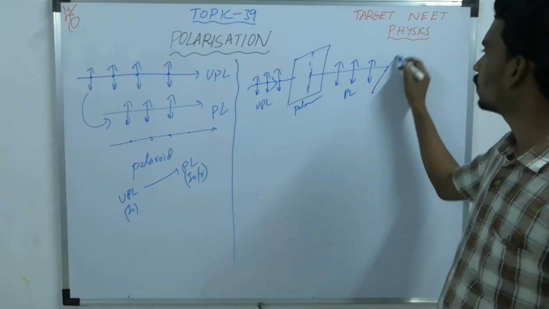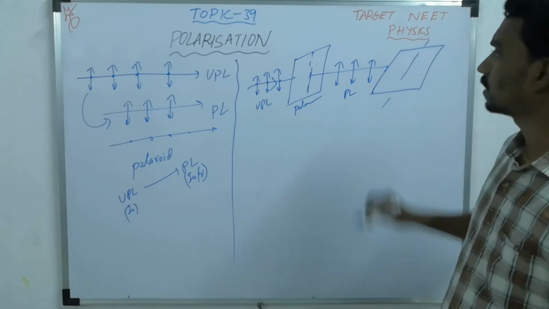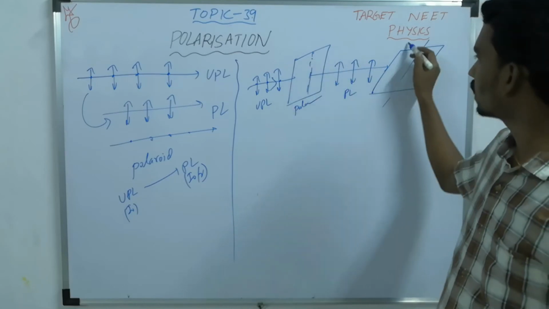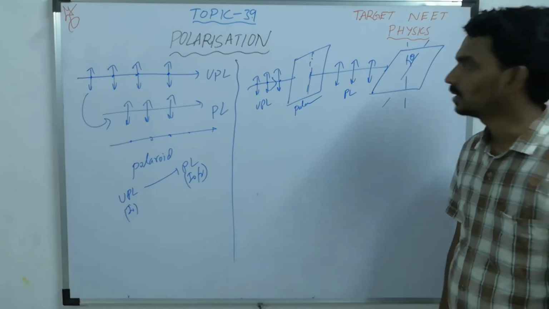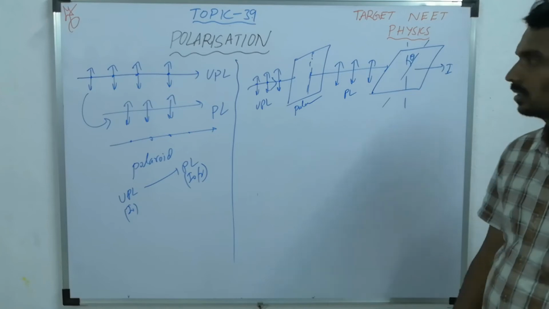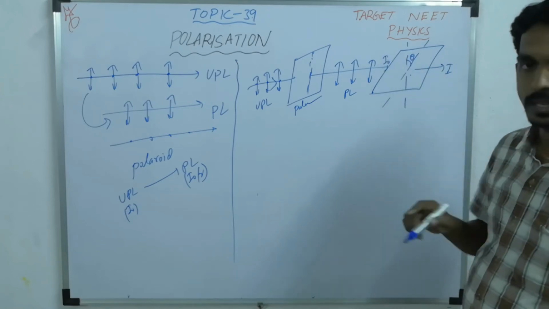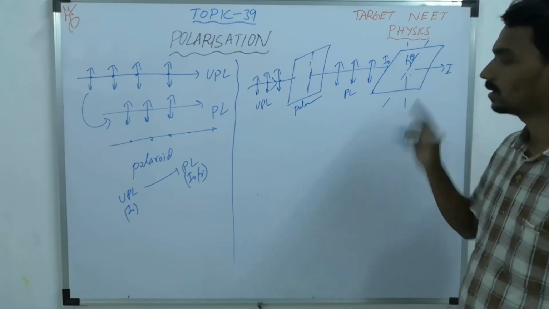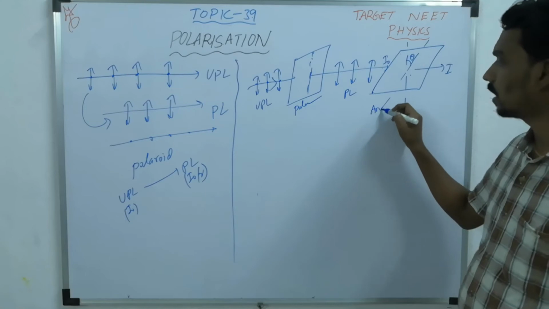Now if you place one more polaroid, such that its transmission axis makes some angle theta, then the intensity again decreases. Let's take the intensity falling on the analyzer; this is the polarizer, this is the analyzer.